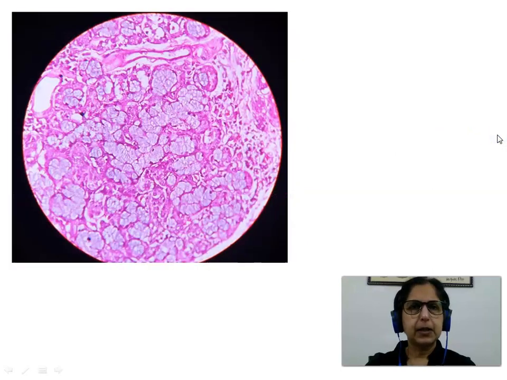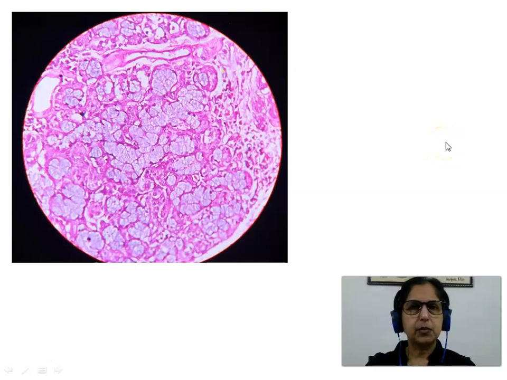A high power view of the same. All these seen here as large acini with clear cytoplasm are mucous acini. Very few serous cells are seen along with the blood vessels and connective tissue.